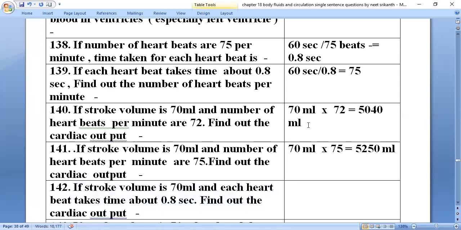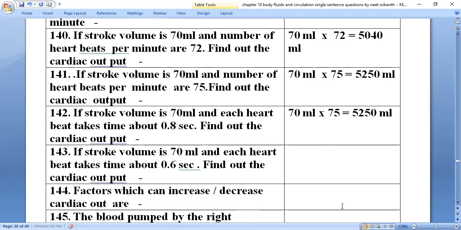If stroke volume is 70 ml and each heartbeat takes about 0.8 seconds, here actually we need to do the problem, but already we have seen that if it is 0.8 seconds, the number of heartbeats per minute will be 75. So from the above problem, directly 70 ml into 75 beats. The cardiac output will be 5250 ml.